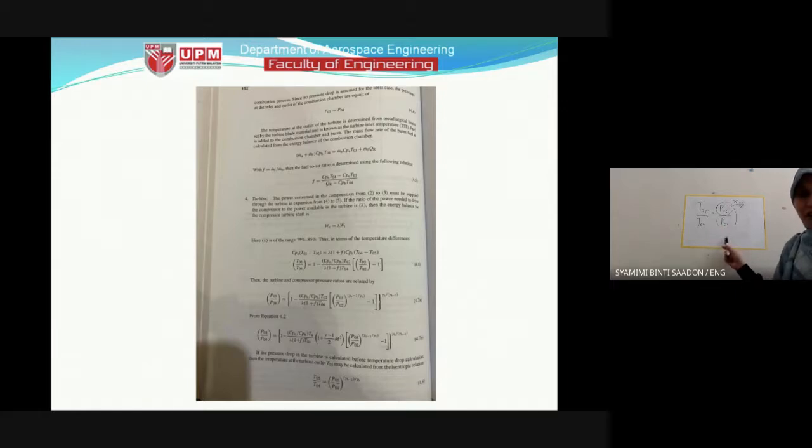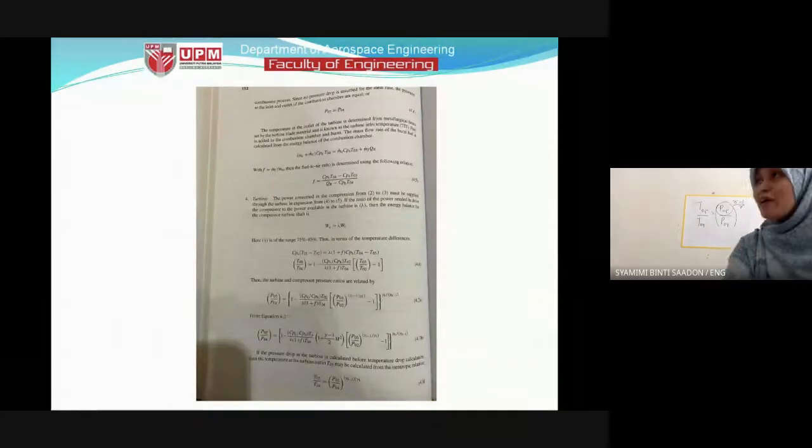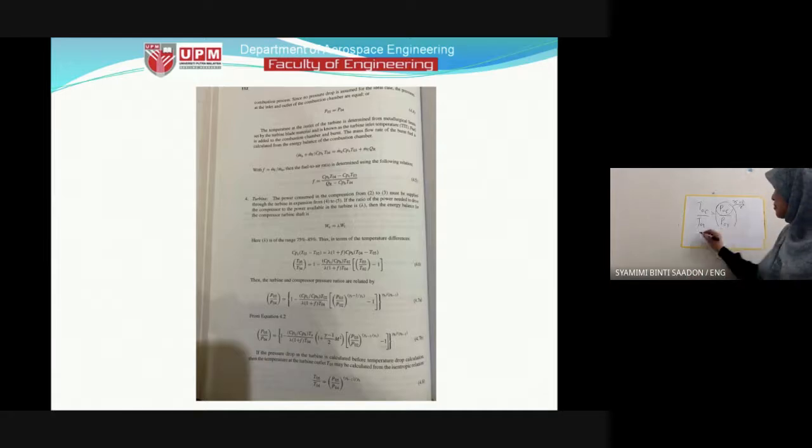So PO5 is 317.86 kilopascal, which also equals to PO6, because points 5 and 6 are the same.